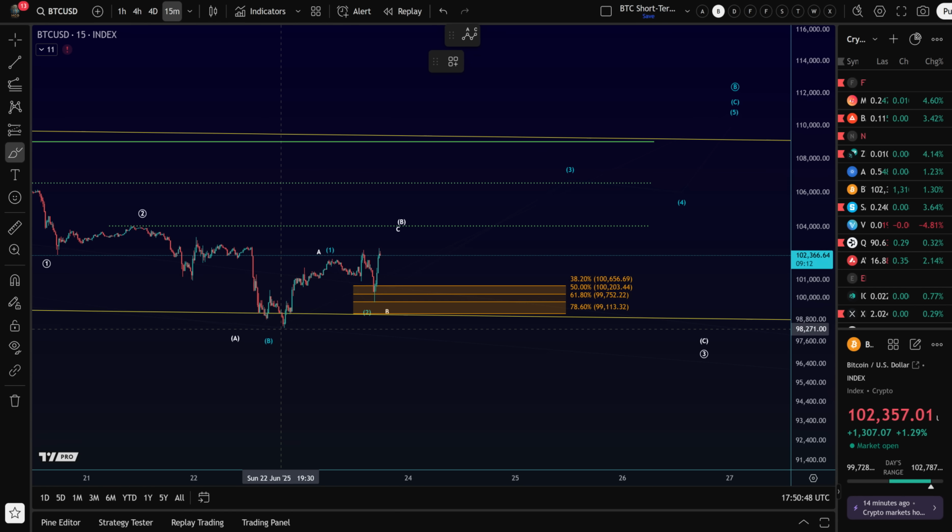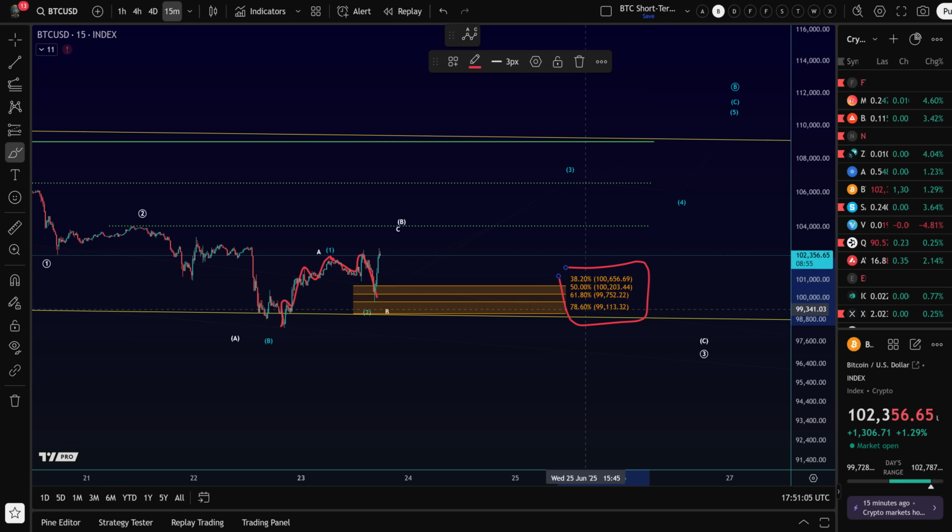We talked about that in the previous video, which was an indication that we need to look for higher prices short term. 1, 2, 3, 4, 5 in wave A, then an A, B, C flat correction, basically a textbook expanded flat, landed in the standard support area between $99,113 and $100,656. And then from there, now a C wave rally to the upside.